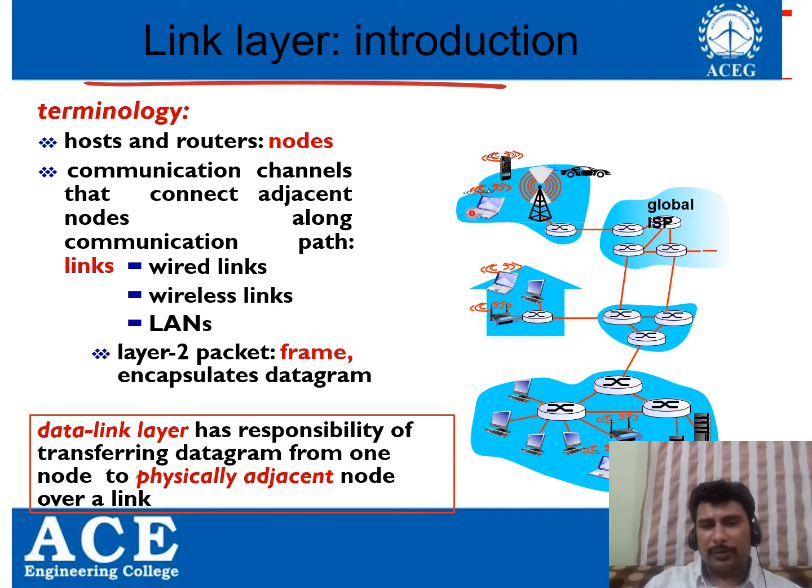So the delivery goes from the source to router 1, 1 to 2, 2 to 3, 3 to 4, 4 to 5, and 5 to 6, and finally 6 to the destination. All these transmissions will be referred to as node-to-node delivery or physically adjacent deliveries. So the data link layer has this one more important role in communications.